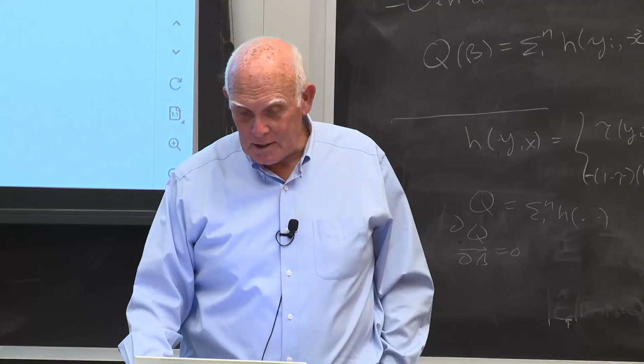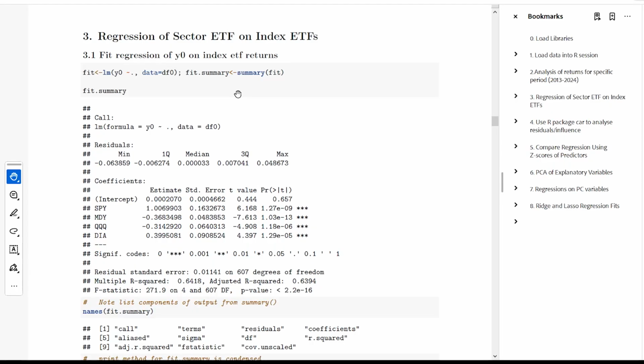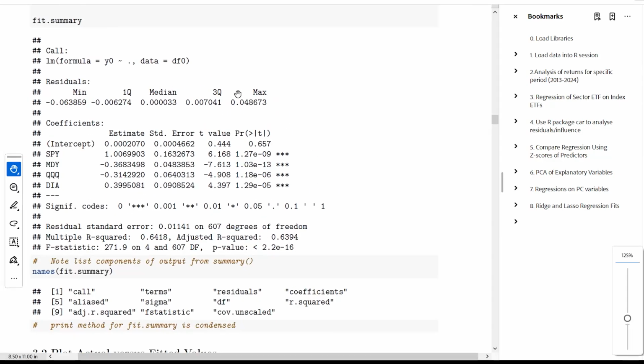Anyway, with this setup, we can just regress this XLP on the index ETFs, and we get this regression coefficient table here. What's important to see is whether the regression coefficients are significantly different from 0 or not. The t-value and p-value columns basically tell us that all of these explanatory factors are useful here.